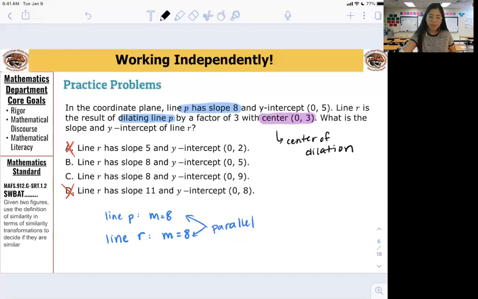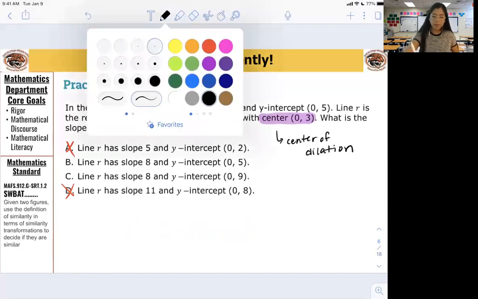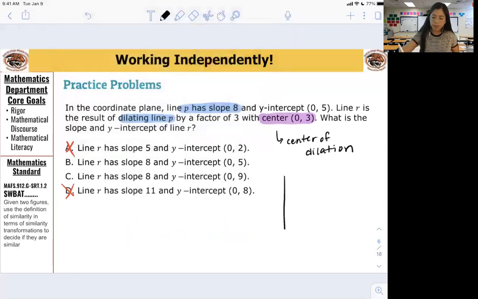Okay. Now, let's actually think about this logically. I'm going to just kind of draw my y-axis. Not going to draw the x-axis because it doesn't really matter where that is because we're not really talking about it.